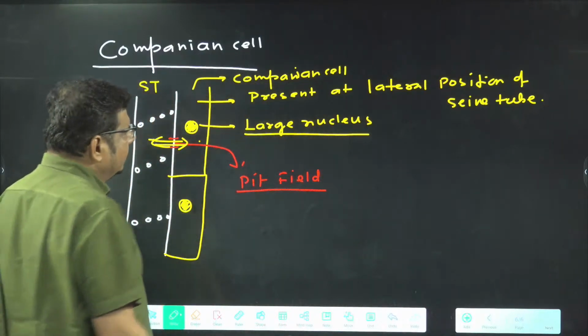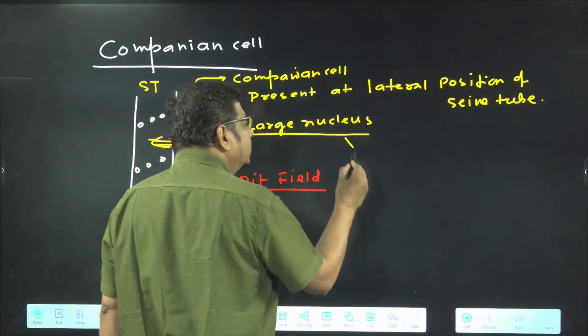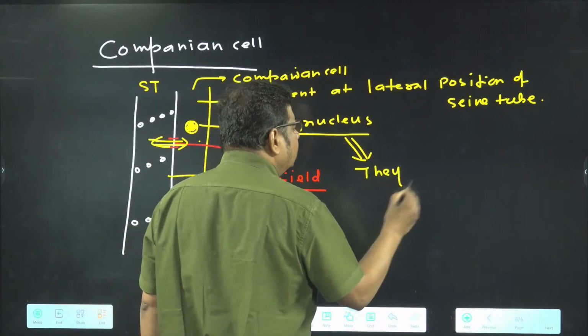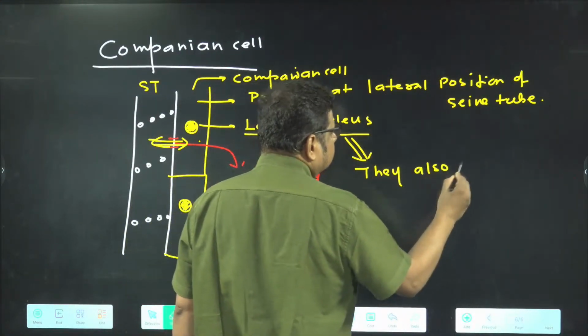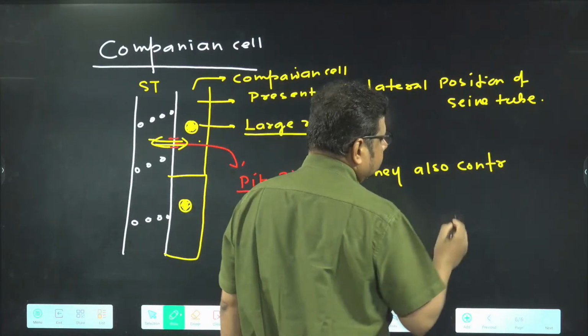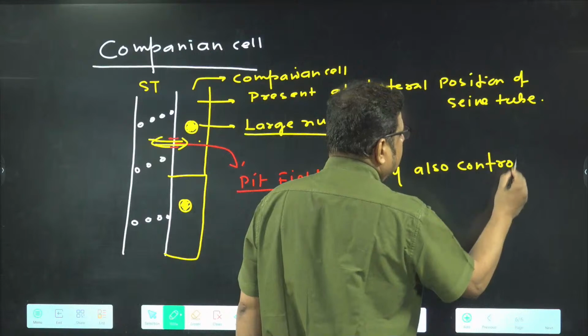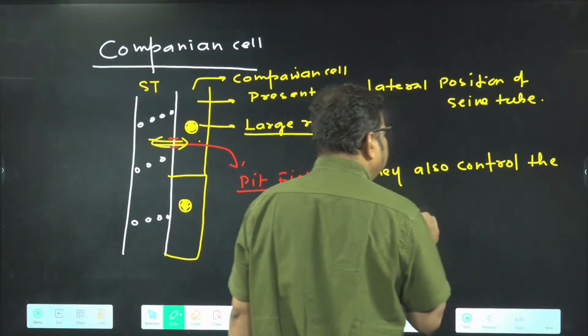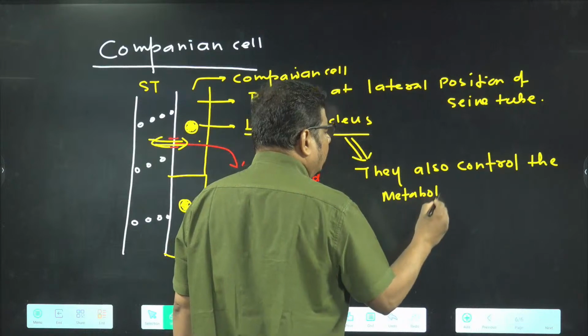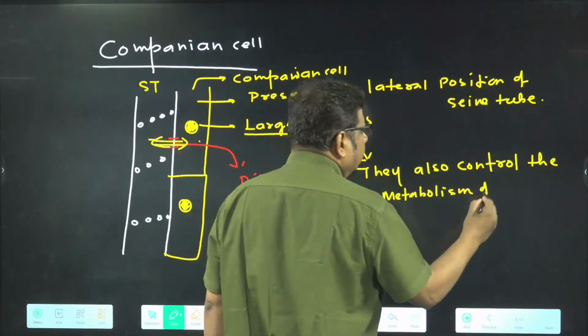So here there is a large nucleus. How does this large nucleus help them? They also control the metabolism of the sieve tube.